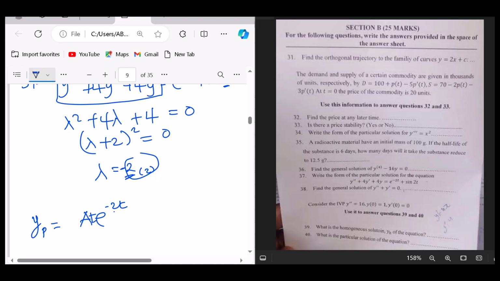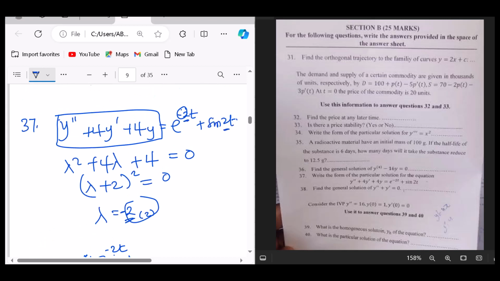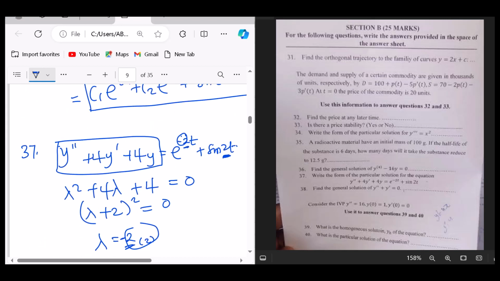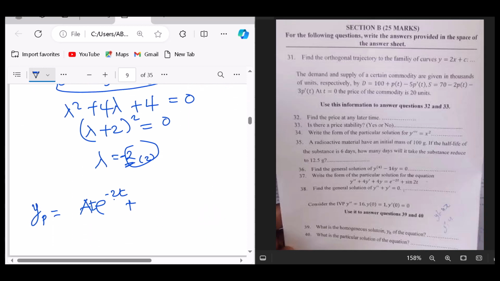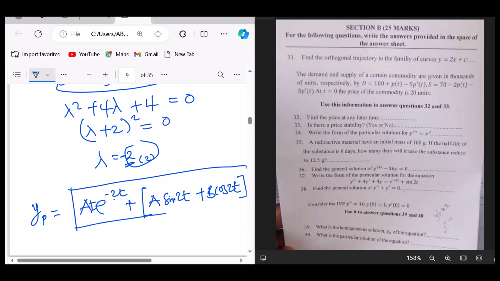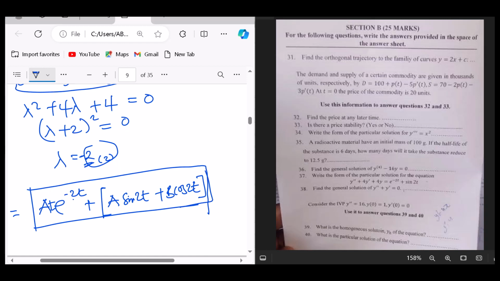Then we add a sine 2t plus b cos 2t for that part. So the particular solution will be of this form.